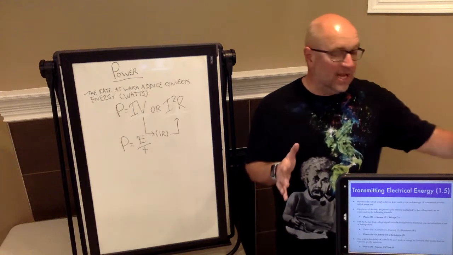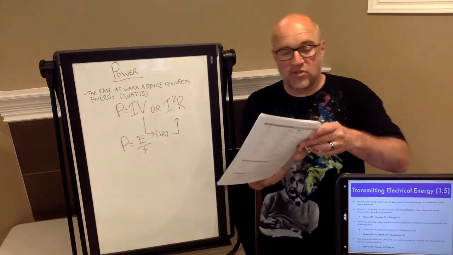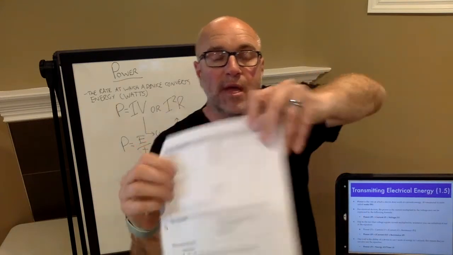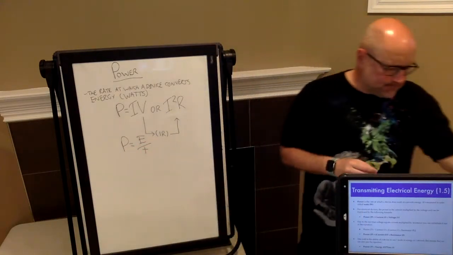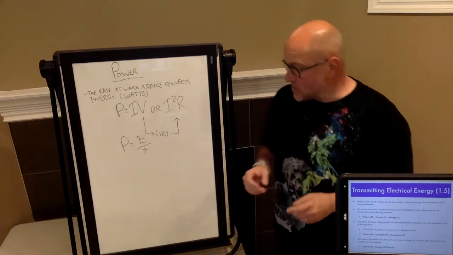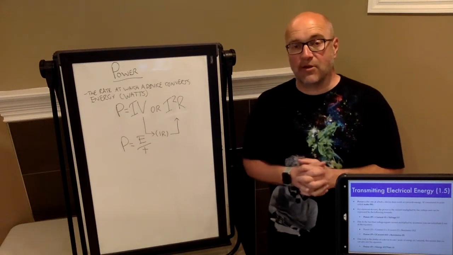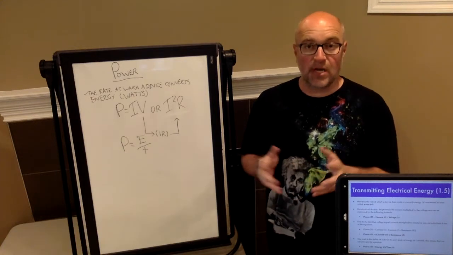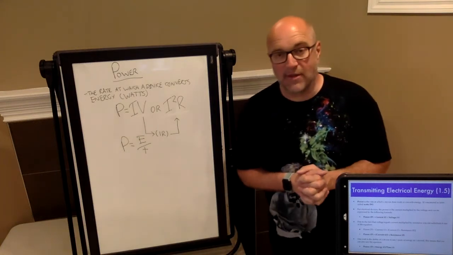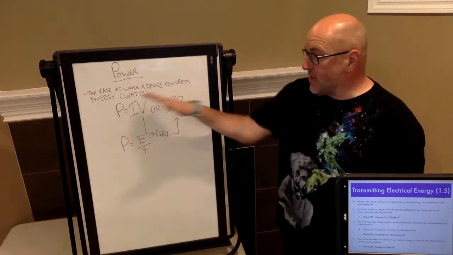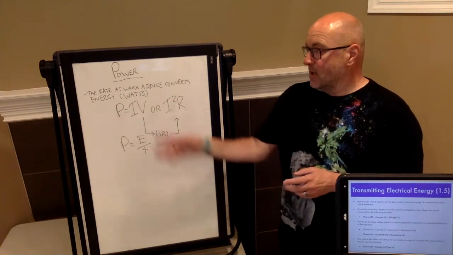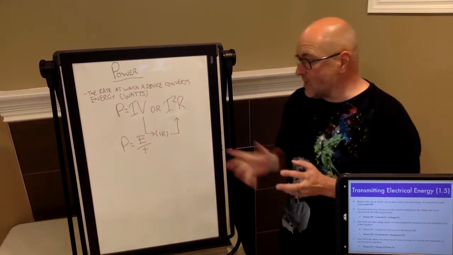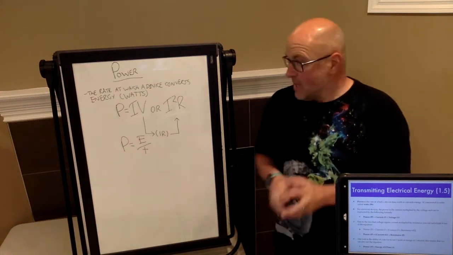One equation that is not given to you, it is sort of given to you indirectly right here, is energy equals power times time. You can rearrange that equation so that power can be calculated by taking the energy that's being used by the device or the circuit and dividing it by the amount of time that it's using that energy for. So there's essentially three equations for power: P equals I times V, P equals I squared times R, or P equals energy divided by time.